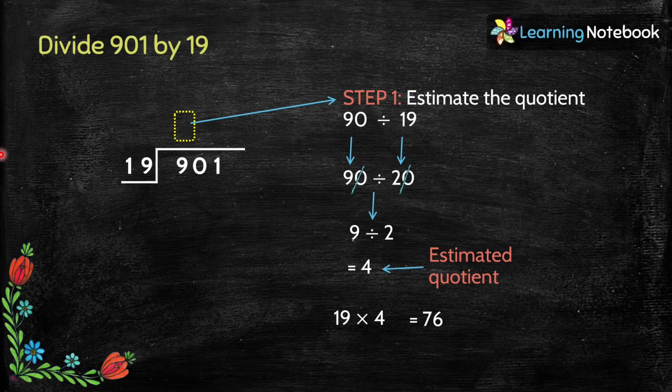So 19 multiplied by 4 equals to 76, which is smaller than 90. So let's try multiplying 19 by 5. We get 95, which is greater than 90. So it means actual quotient is 4.